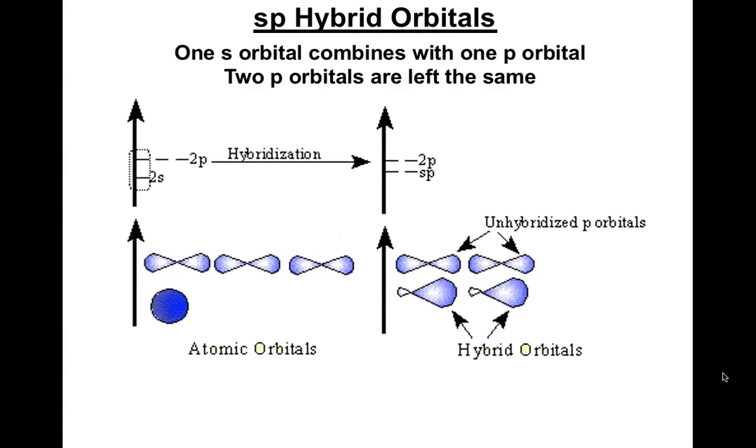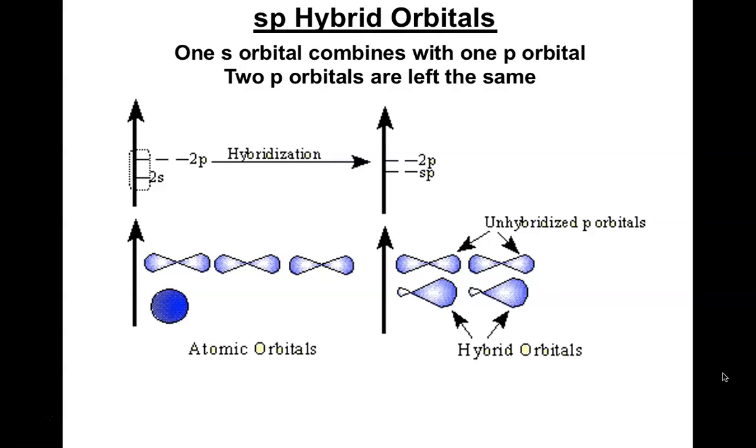Okay, so an sp hybrid, it's literally called sp because it's made of one s orbital and one p orbital. Remember, there are 3 separate p orbitals. In this case, 2 of them are left alone and they are unhybridized. One way of looking at it, the bottom diagram, we're taking that nice blue circle, which is an s.